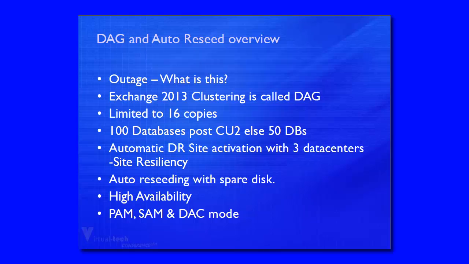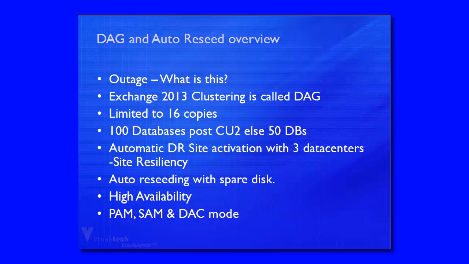If we can have 2 data centers with databases and a 3rd data center with a file share witness, we have site resiliency. That is the DAG across 2 data centers and a 3rd data center or VPN site which has the file share witness.